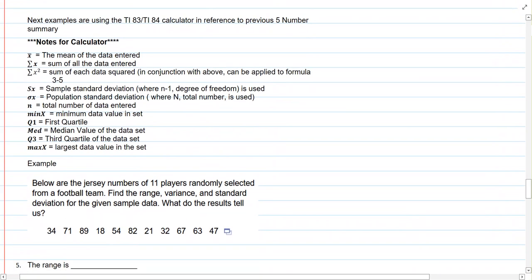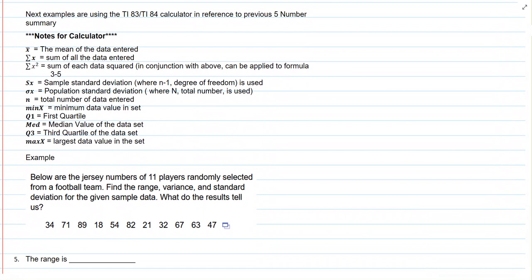So now let's do our calculator notes. And for this calculator notes, we're looking at our 5-number summary again. And our 5-number summary is very important. So I mentioned it again. Now we've done it all along. So now what we want is to find the range, the variance, and the standard deviation.